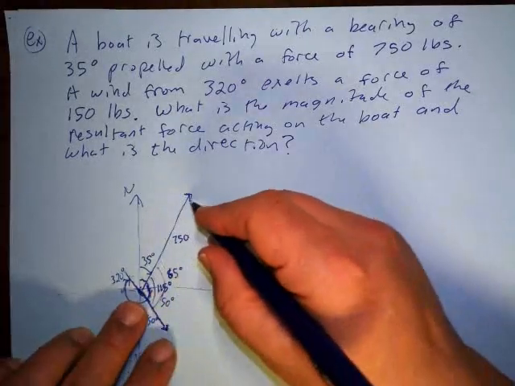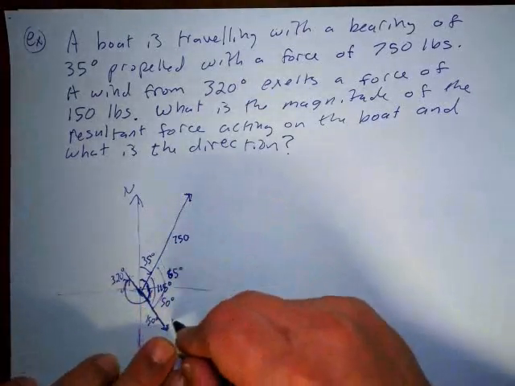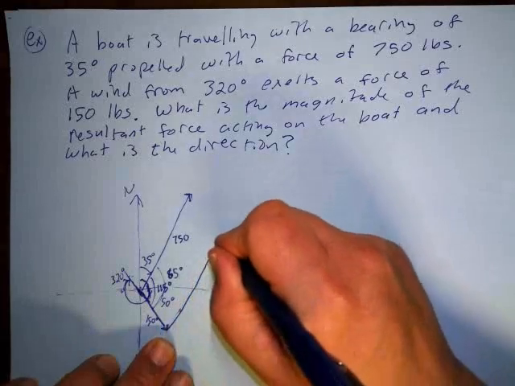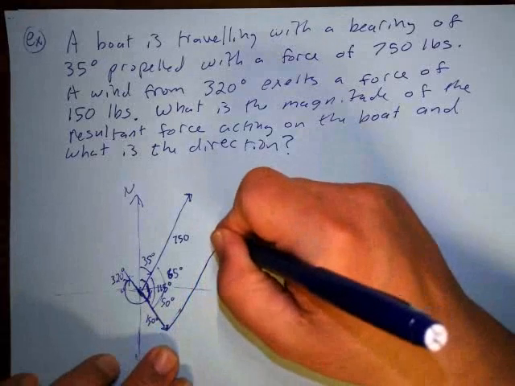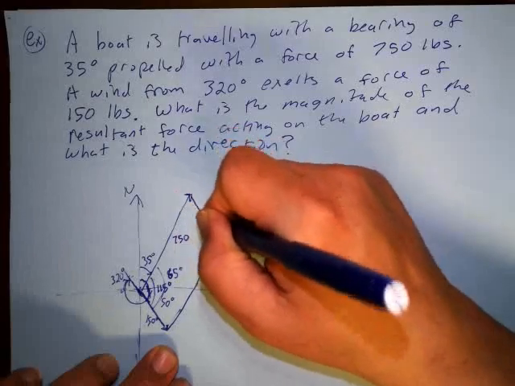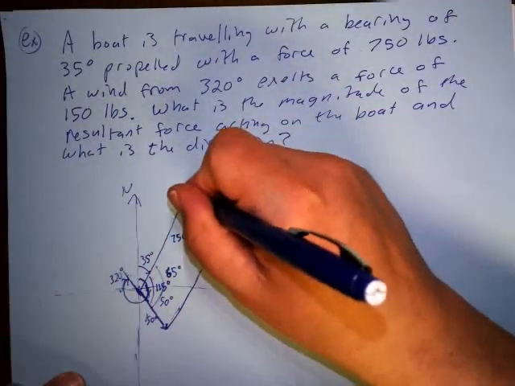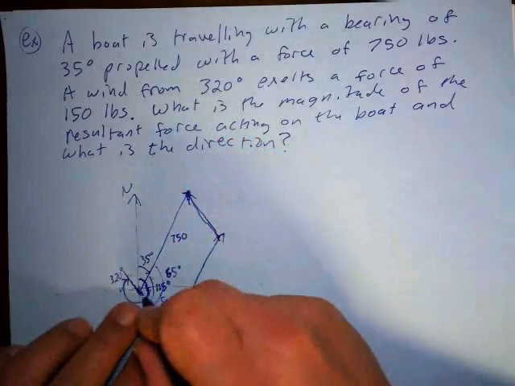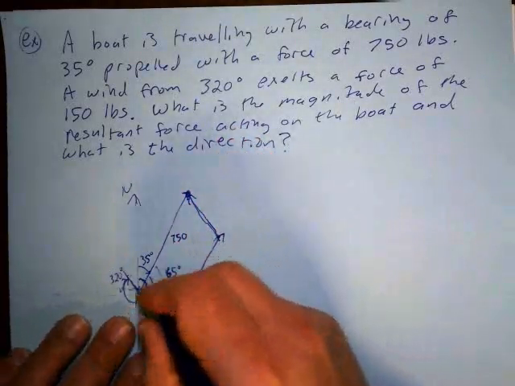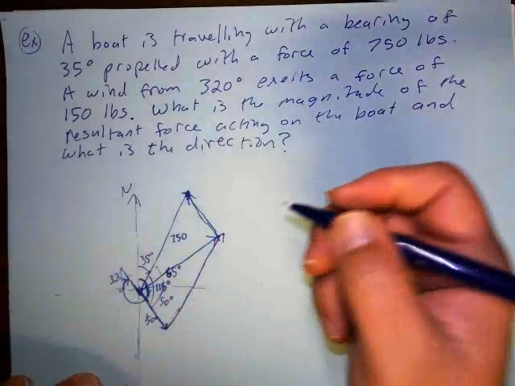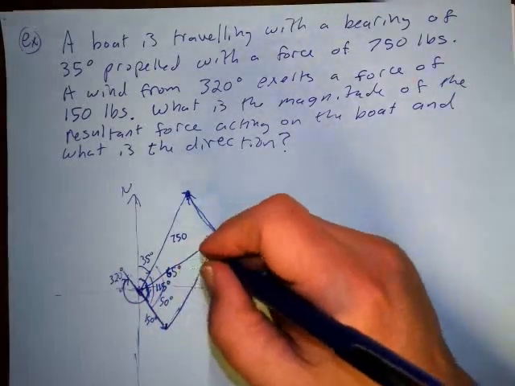Now I'm going to take this and bring it over here to make a parallelogram, and then from here to here to make the other side. That's this angle from there to there, and my resultant force is going to go from here to here. That's my resultant force.